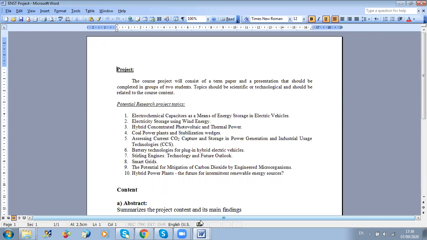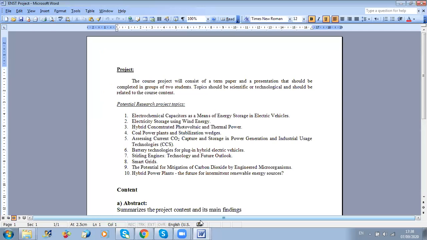You can have, for example, a project on coal power plants and assessing current CO2 capture and storage and power generation and industrial use. You can go over battery technologies for plug-in hybrid electric vehicles, smart grids, the potential for mitigation of carbon dioxide by engineered microorganisms, hybrid power plants.